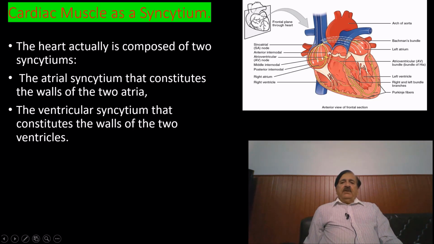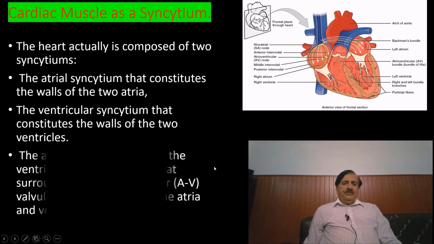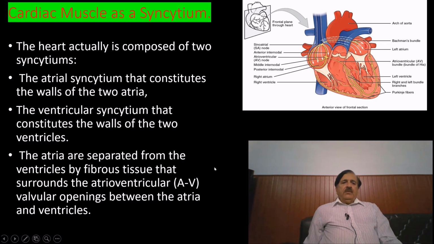Syncytium means that when a single cell is activated, the whole syncytium contracts.